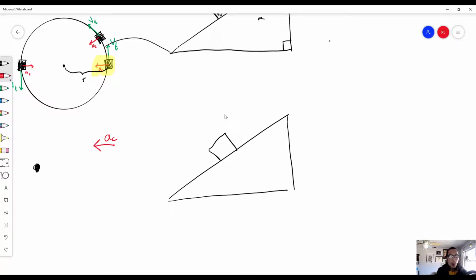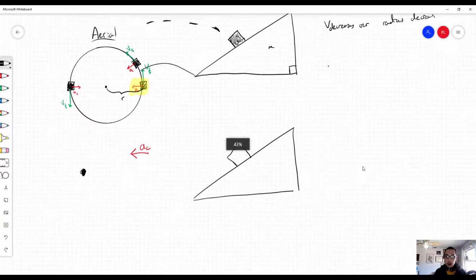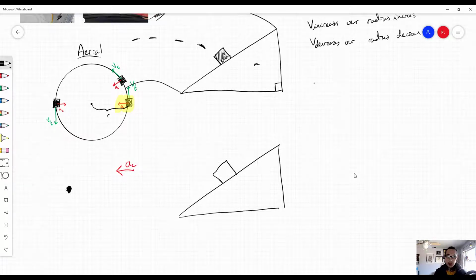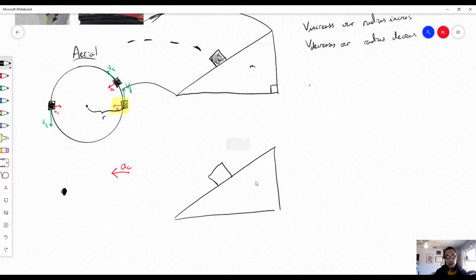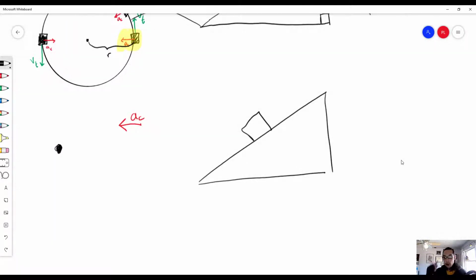Now, what I mean by up here when we're talking about if our velocity increases, our radius increases, and if our velocity decreases, our radius decreases, this is what it means. So as you're going around and around in a curve, if our car slows down, the car will slide down the ramp. Okay, it'll eventually start to spiral in towards the bottom of the ramp.